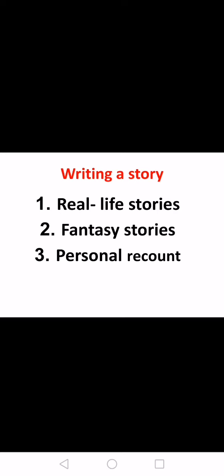Fantasy stories are related more to magic and unreal events. And the third type is personal recount. As we all know, a personal recount is related to me, a story that happened to me, events that happened to me.